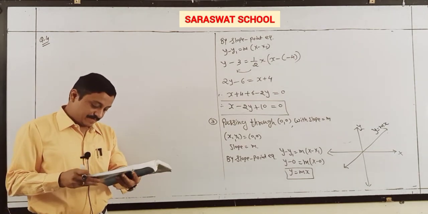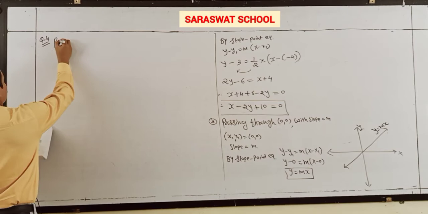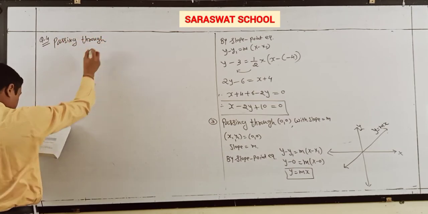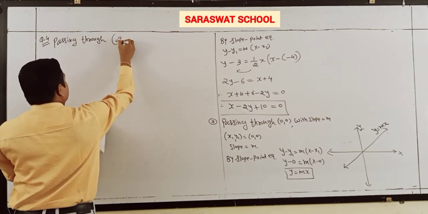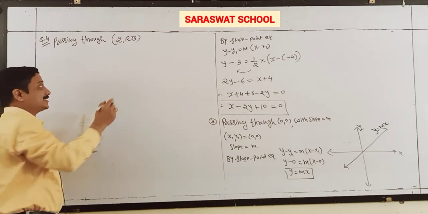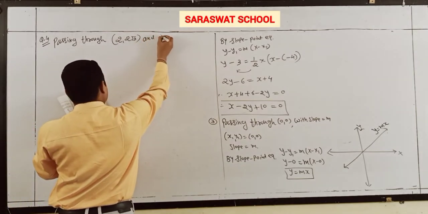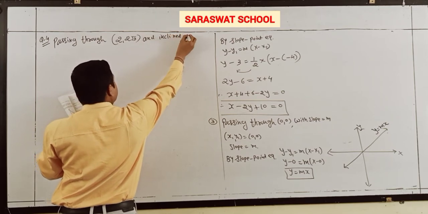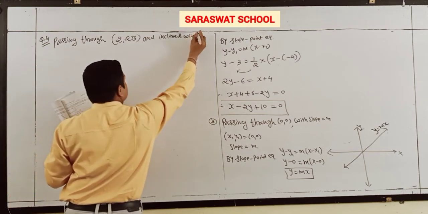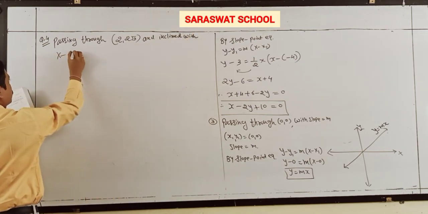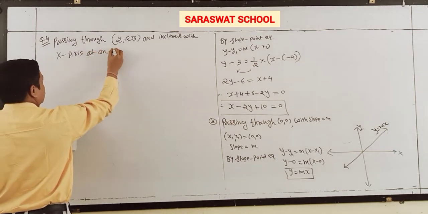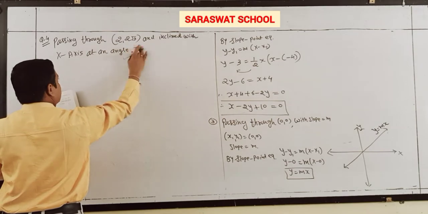The fourth also asks, passing through the given point 2 comma 2 root 3 and inclined with the x-axis at an angle of 75 degree.